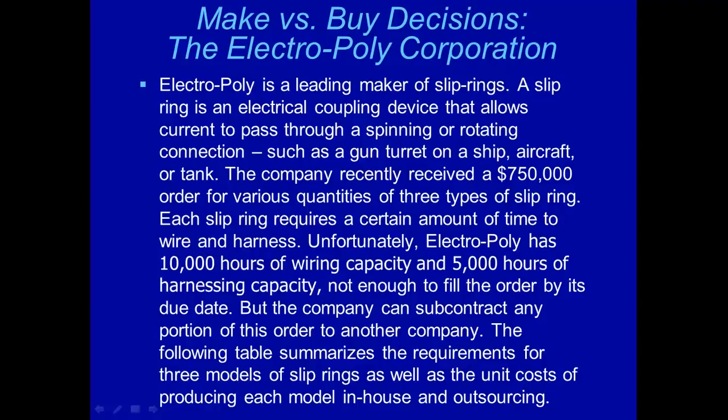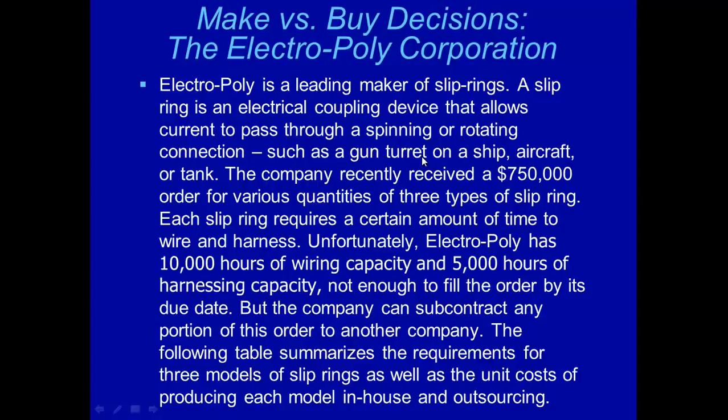The company recently received a $750,000 order for various quantities of 3 types of slip rings. Each slip ring requires a certain amount of time to wire and harness. Unfortunately, the company has 10,000 hours of wiring capacity and 5,000 hours of harnessing capacity, not enough to fill the order by its due date.